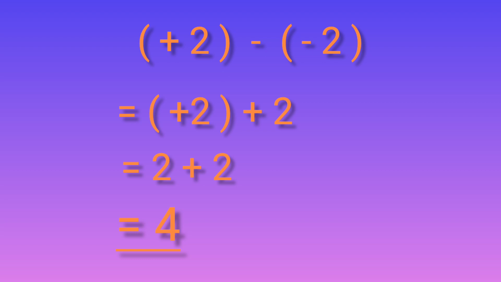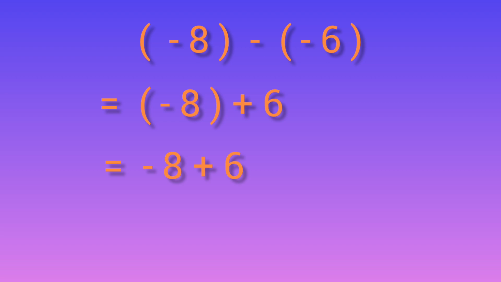Now let's look at our last example. We've got a negative 8 minus a negative 6. And now we know that if we have two consecutive negative signs, we change them into a positive sign. So if we could rewrite our last example, we will have a negative 8 plus 6.